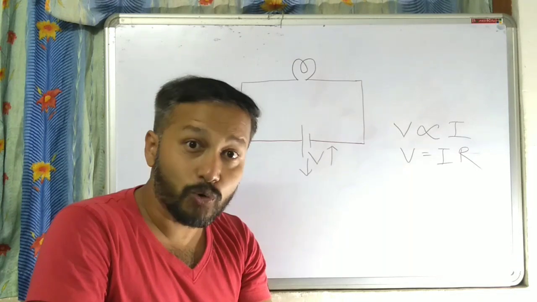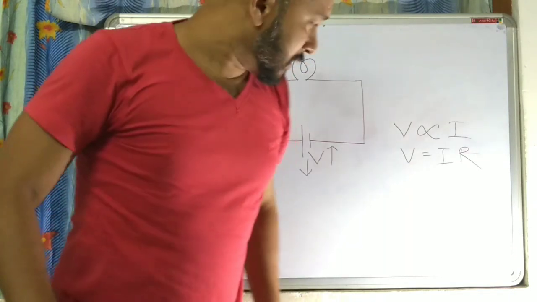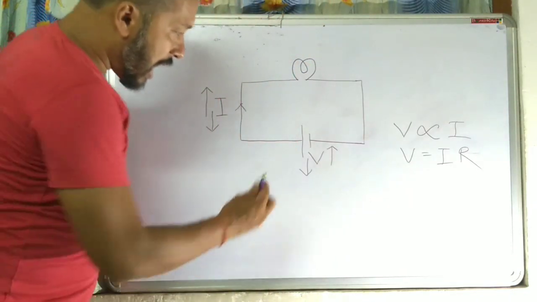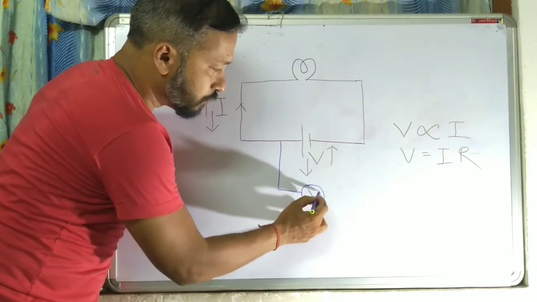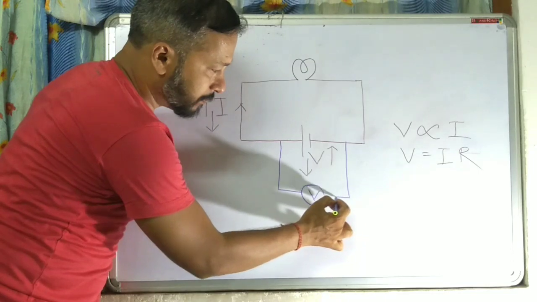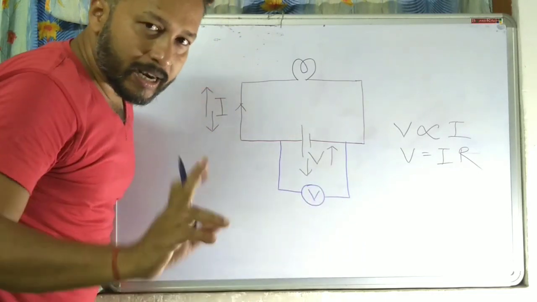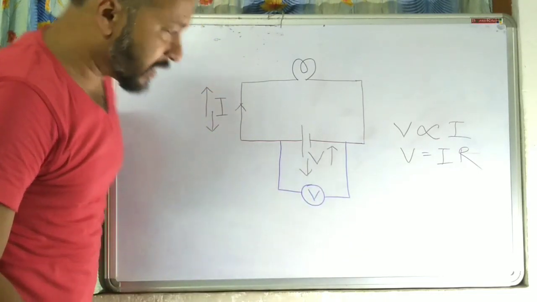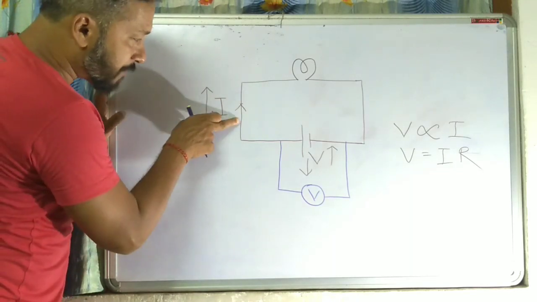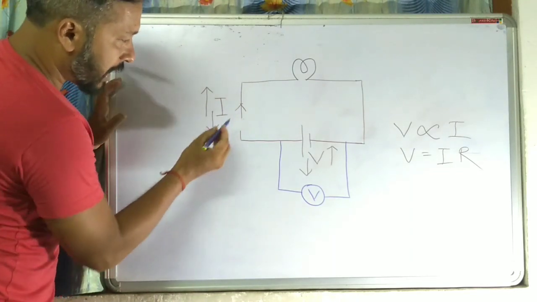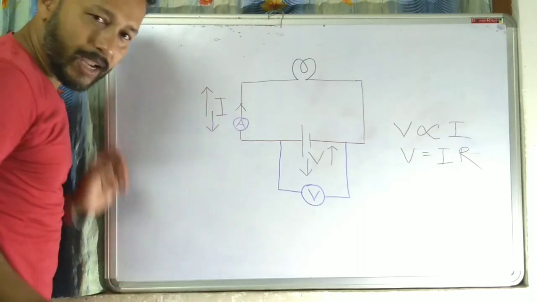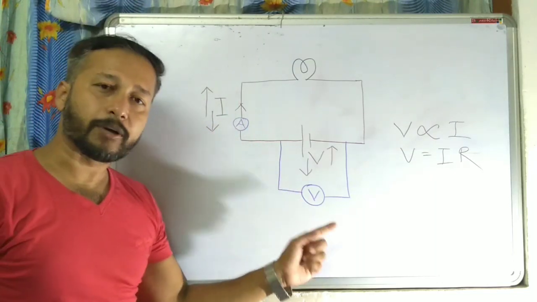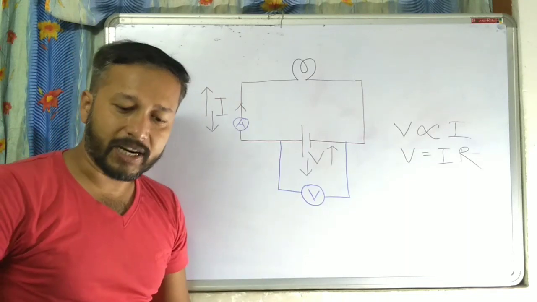Now let us see how to connect them. See here, I am connecting a voltmeter. This is the voltmeter. Okay. Now I'll connect an ammeter. To connect the ammeter, I have to disconnect from here, and this is the ammeter. So in this way I have to connect the voltmeter and ammeter.